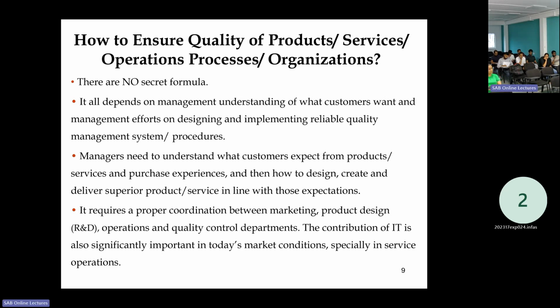As management educators, as field managers, what we want to see is more and more organizations committed to quality management. Then the outputs would be highly accepted, and in the market they can compete better.